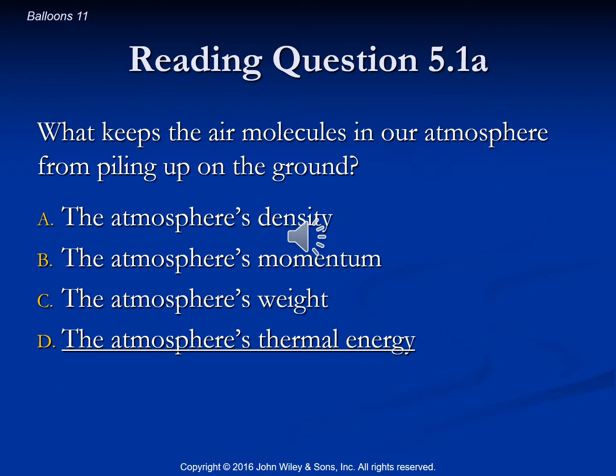Notice here that in answering this question you have to take into account the fact that particles are not influenced that much from gravity. As a matter of fact, the temperature that we have on Earth is sufficient for nitrogen and oxygen molecules to move at about 500 meters per second.